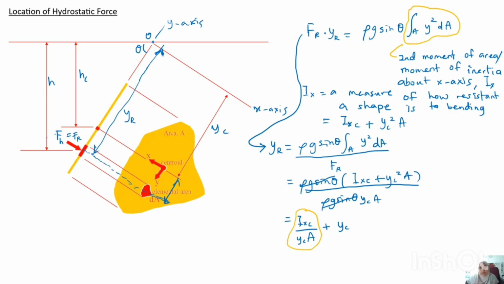We call it ycp. Why do I call it ycp? Because it's the distance from the centroid to the CP. This is CP. So basically, yr is ycp plus yc. So normally, to find the location of the hydrostatic force, you need to find ycp and yc.